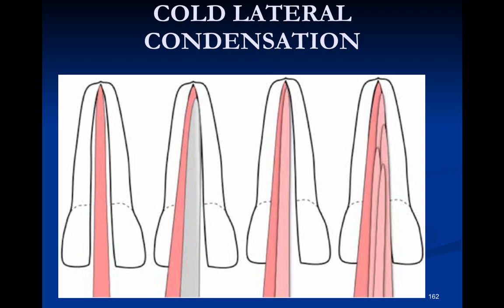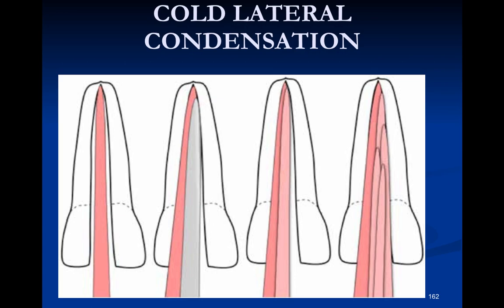After checking, we have to extract the master gutta percha, and fill the walls of the canal with a thin layer of sealer. Then after filling with the sealer, we have to insert the master gutta percha inside of the canal.